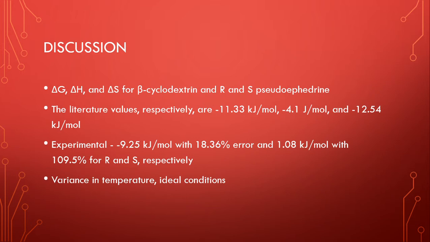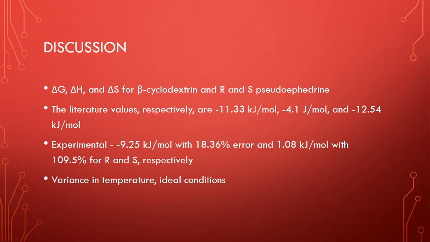The experimental outcomes, we got negative 9.25 kilojoules per mole with 18.36% error, and 1.08 kilojoules per mole with 109.5% error for the R and S delta G values, respectively. And we did not have a delta H or delta S calculation, so there was no percent error there either.